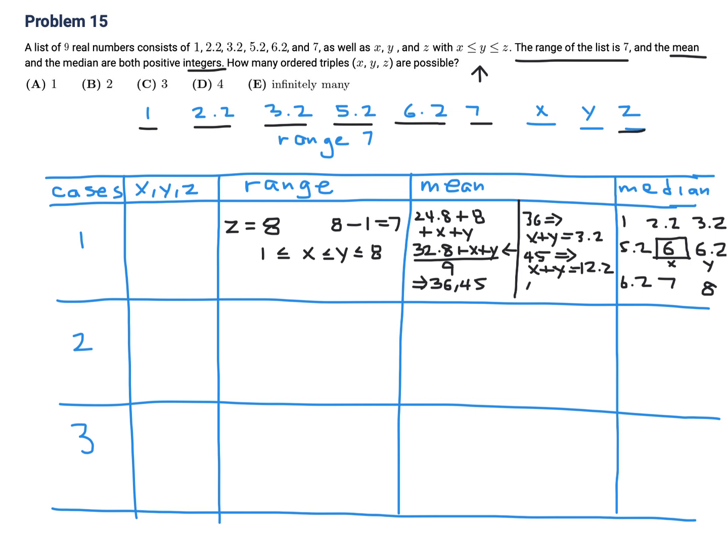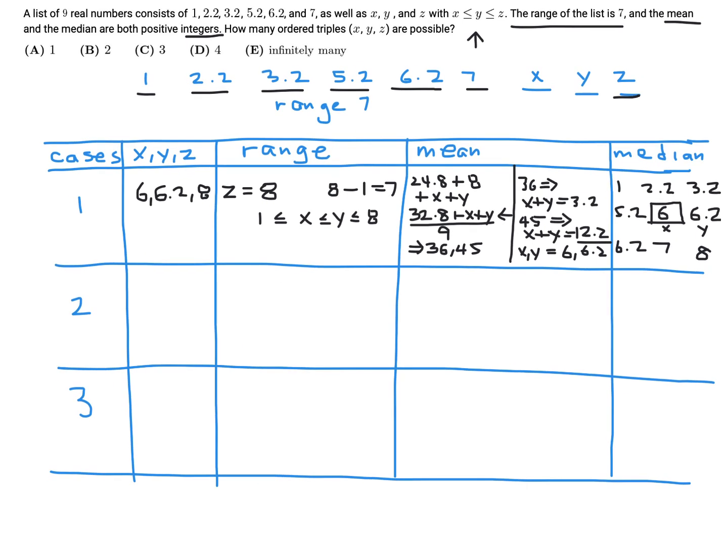So that means the x and the y were 6 and 6.2, and then that would mean they add up to 12.2. See, it's all casework here. We got to fiddle around with the numbers. So that means this would be 6, 6.2, and 8. And that's how we have to do this. We just have to kind of fiddle around. Okay, let's keep going here.